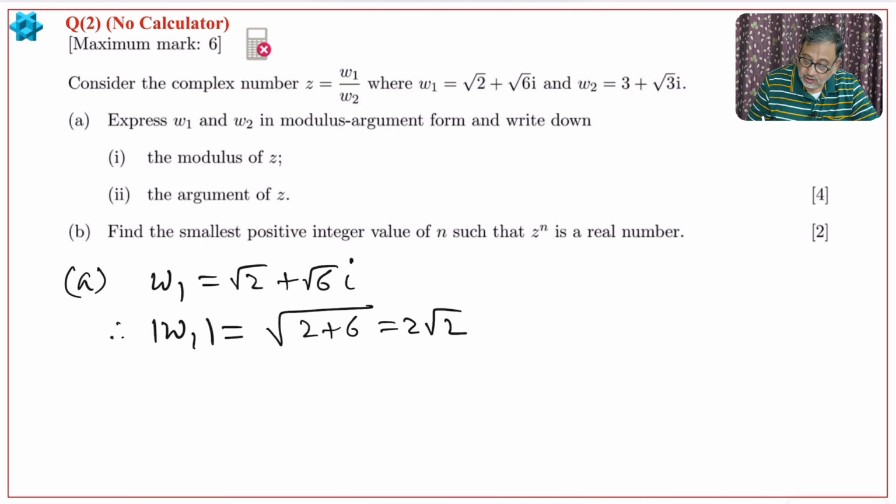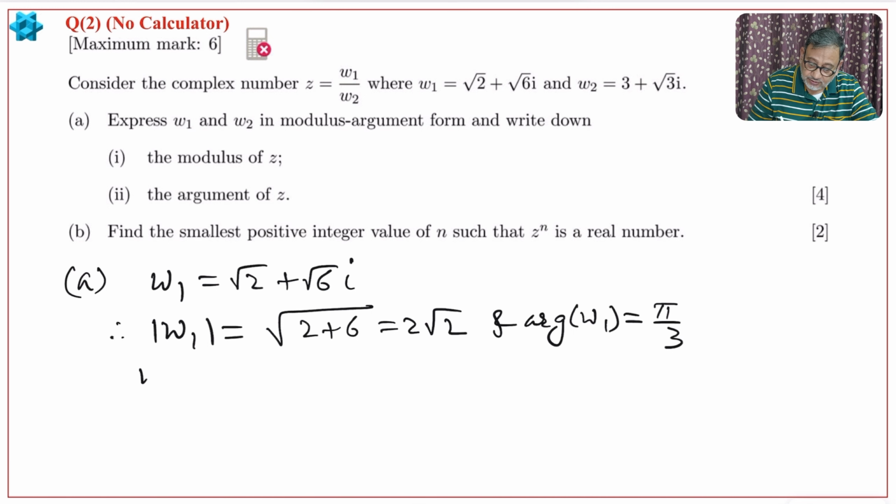And argument of w1 will be tan inverse 6 by 2, okay, which will be tan inverse root 6 by root 2, which will be root 3, and root 3 will be pi by 3. So this will be pi by 3, right?